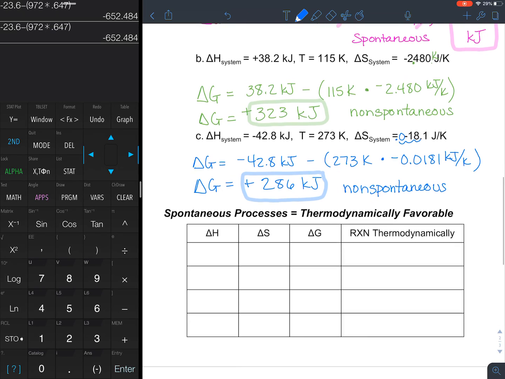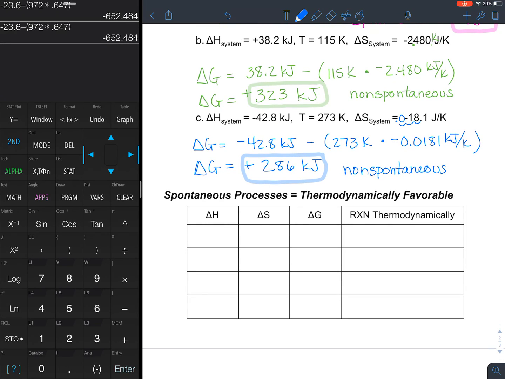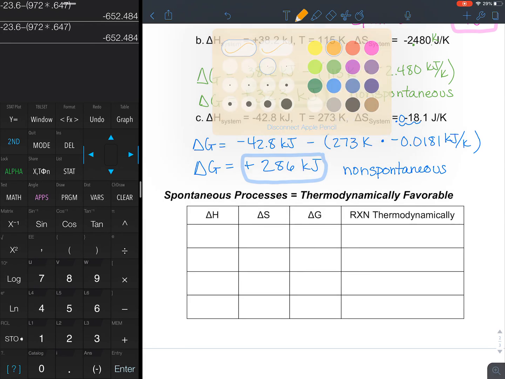So the question becomes, even before we get any of that data, can we make a prediction about what we're actually going to see? When we call a process spontaneous, a lot of the times we'll say that it's thermodynamically favorable. So let's fill in this chart.